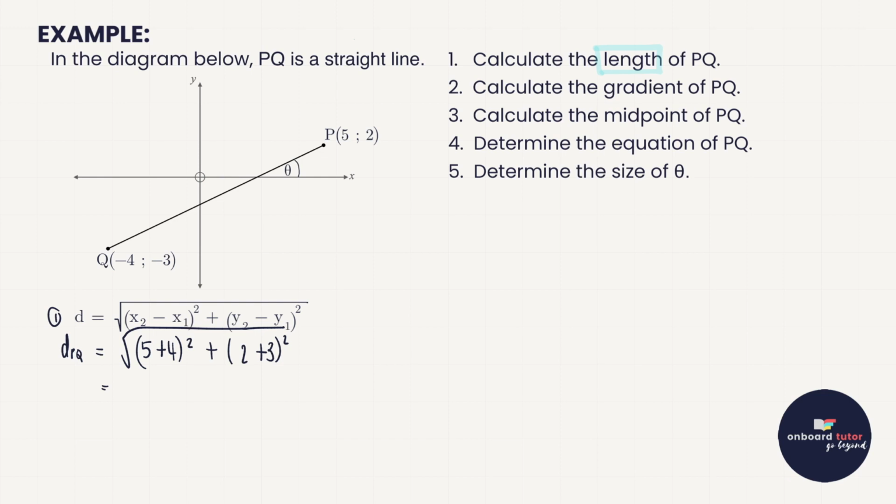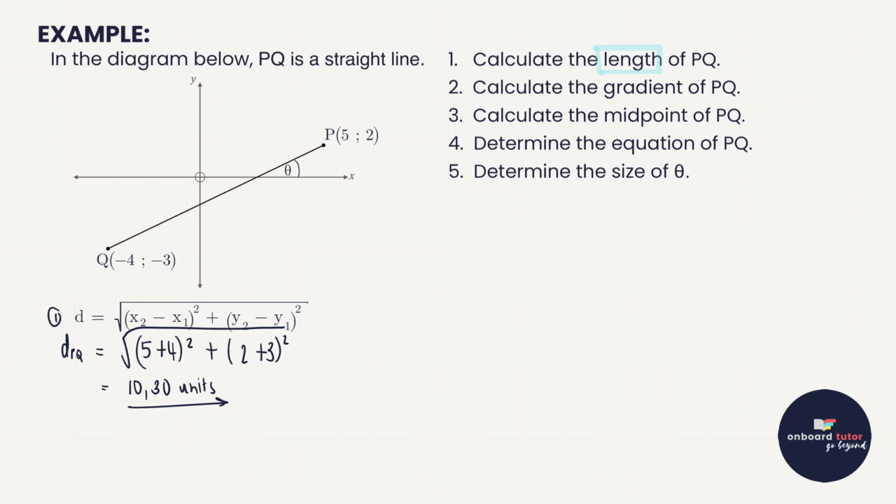Okay, if they didn't specifically tell us that we need to leave our answer in surd form, then we need to give 2 decimal places. So 10,30 when we round that off. Okay, and that's units. They haven't specified here if we're working with meters or kilometers or whatever the case is. So we are just going to say units.